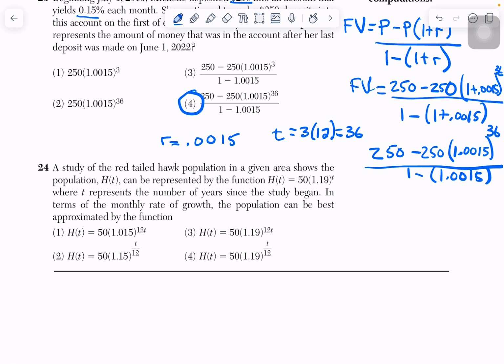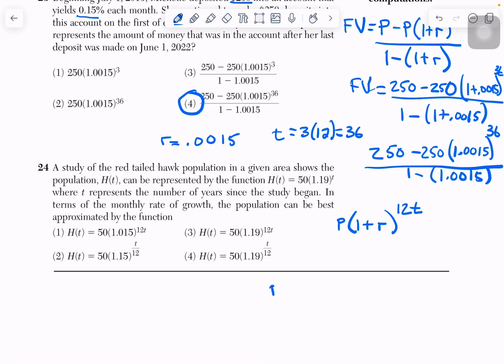In terms of monthly rate of growth, the population can be best approximated by the function. All right, so this one is the beginning times 1 plus the rate raised to the 12 times t, right?